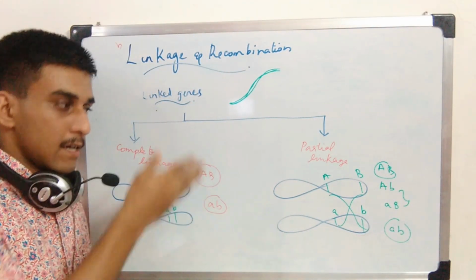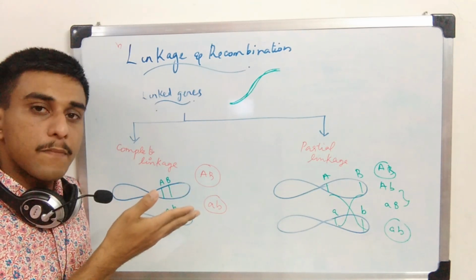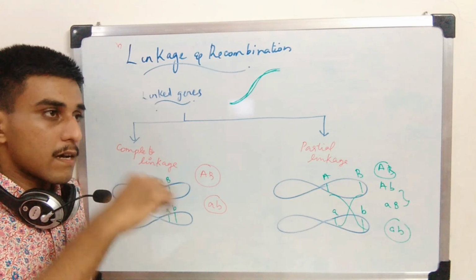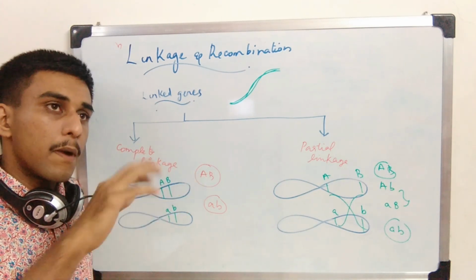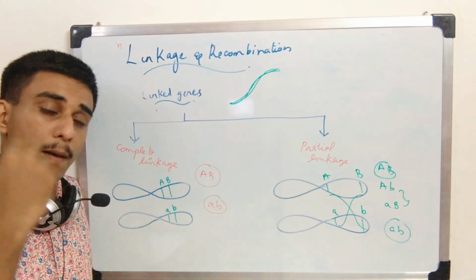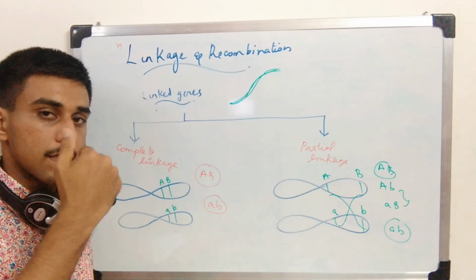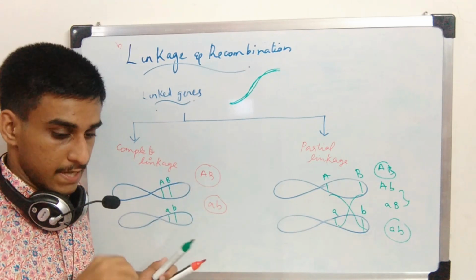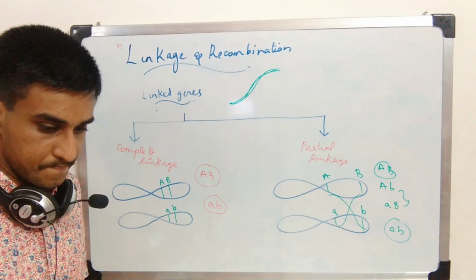Here, theoretically we can say there is a 50% chance of occurrence of non-recombinants and recombinant gametes, but practically it has been seen that the number of parental gametes is more than the number of recombinant gametes. I think you have understood it very carefully. This is the condition.